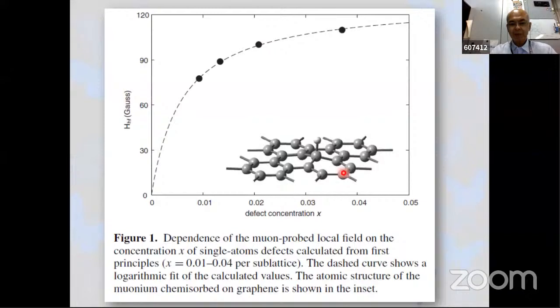This is another example done by the Italian group: muon positions on graphene. They measure muSR on graphene and measure the hyperfine interactions at the muon site. So how the muon is attached to graphene is also very important to discuss the electronic state of graphene.